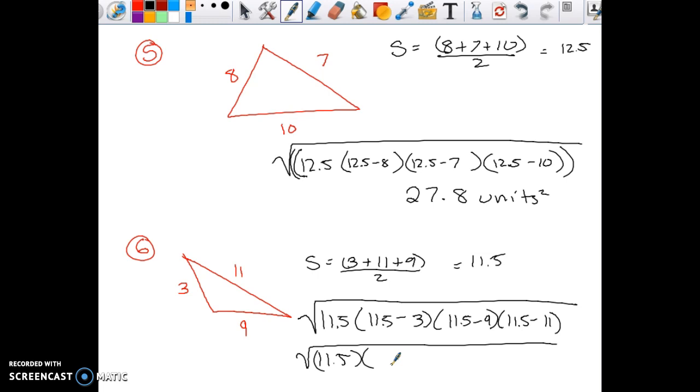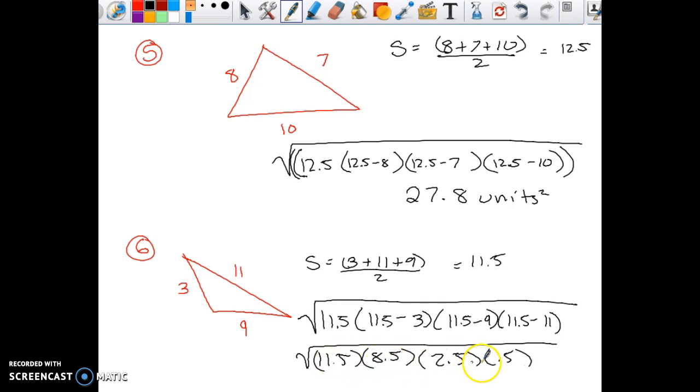So if we type in 11.5 minus 3, or you could probably do that in your head, 8.5, 11.5 minus 9, and then 11.5 minus 11. Okay, if you feel better about typing that in, that's fine.